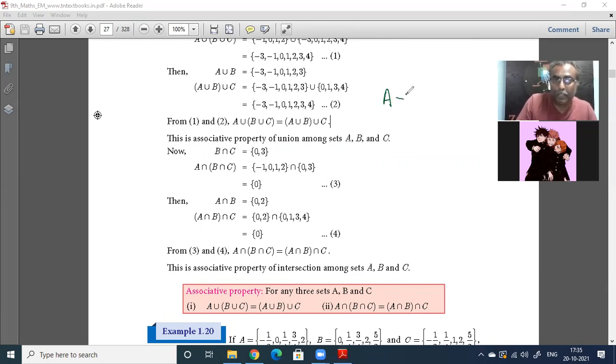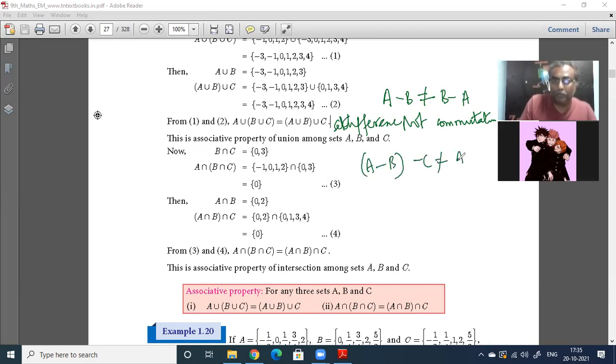A minus B is not equal to B minus A. So set difference is not commutative. In the same way, (A − B) − C is not equal to A − (B − C), so set difference is not associative either.